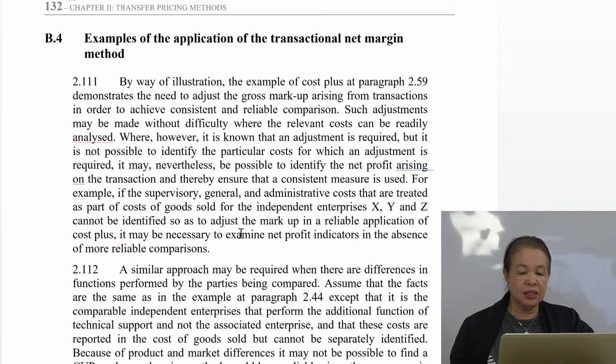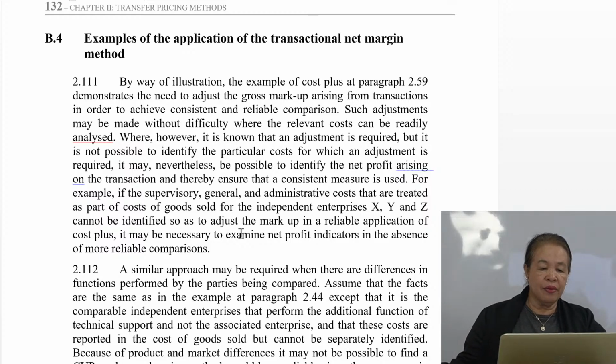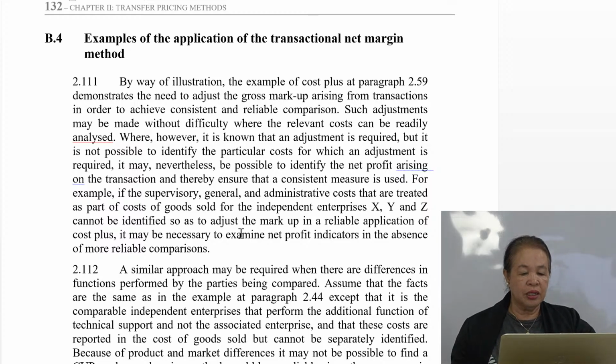Such adjustments may be made without difficulty where the relevant cost can be readily analyzed. Where, however, it is known that an adjustment is required, but it is not possible to identify the particular cost for which an adjustment is required, it may nevertheless be possible to identify the net profit arising on the transaction and thereby ensure that a consistent measure is used.